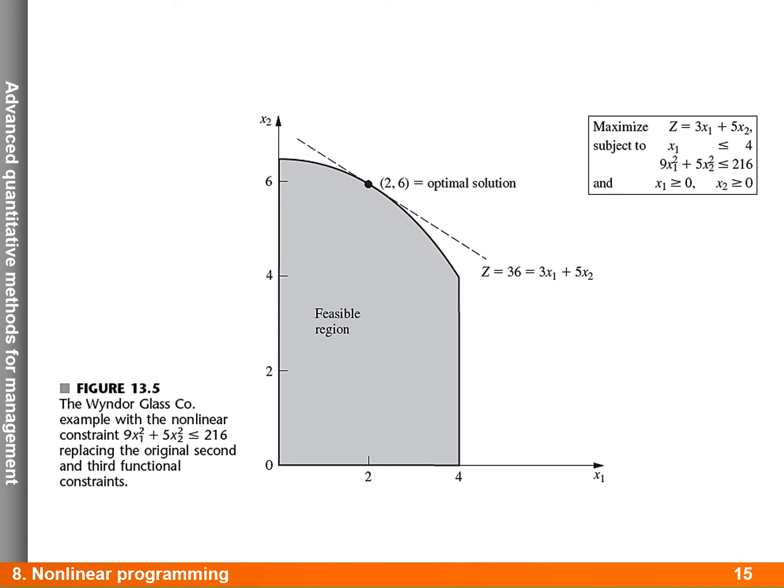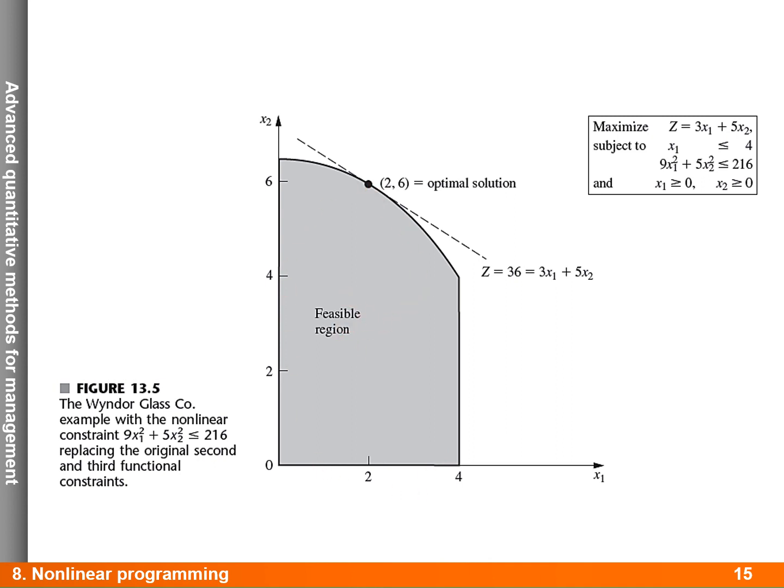As you see here, it is easy to draw this example graphically. The first constraint says x1 less than or equal to 4, and the other constraint is 9x1 squared plus 5x2 squared less than or equal to 216. With these constraints, we find our feasible region.